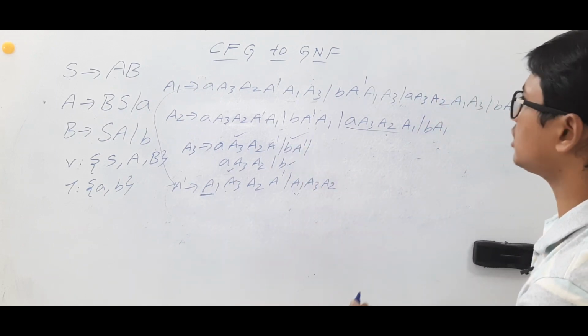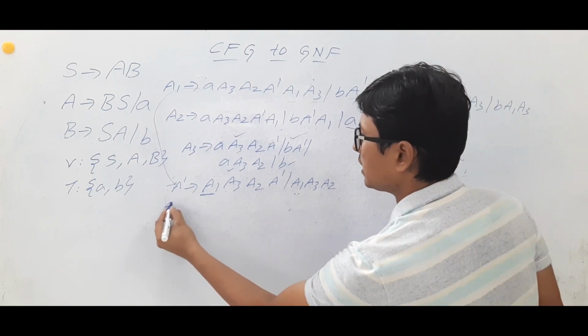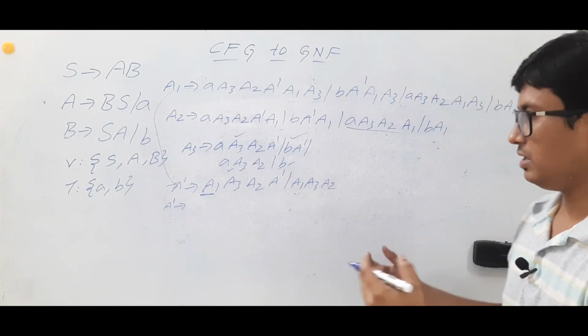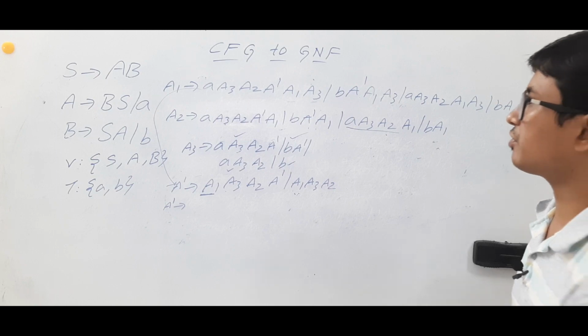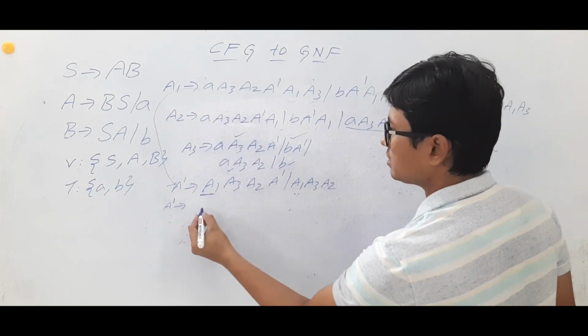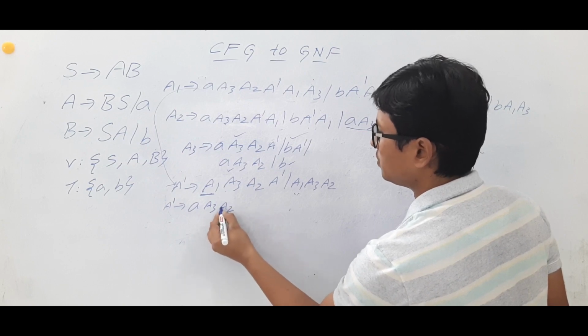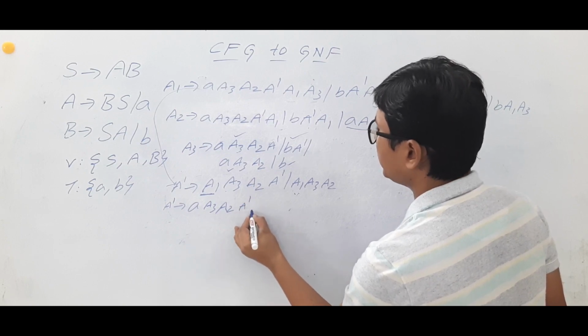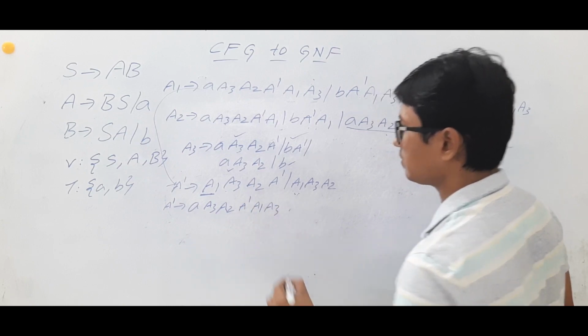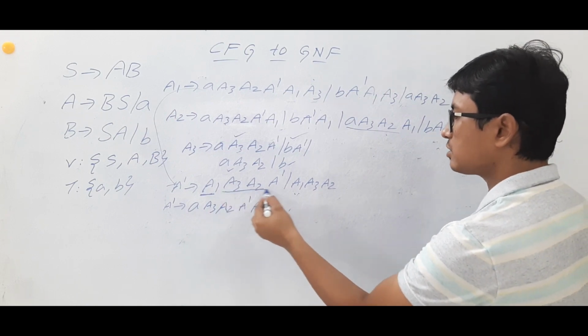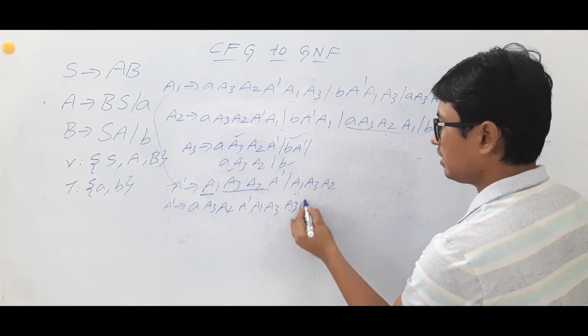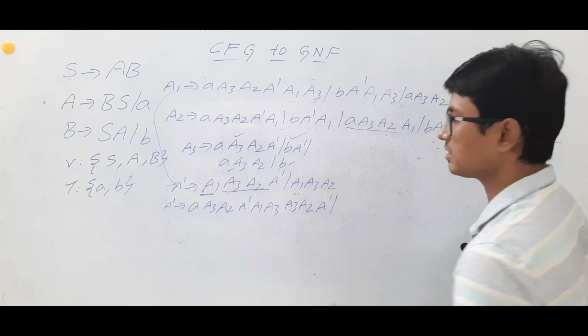If I start keeping that A dash, it is a lengthy process. It is very simple, but it will take a lot of time, because A1, what is the production there? Small a, A3, A2, A dash, A1, A3. Then you add this one, A3, A2, A dash.